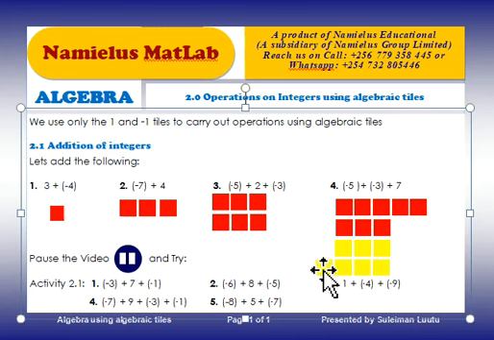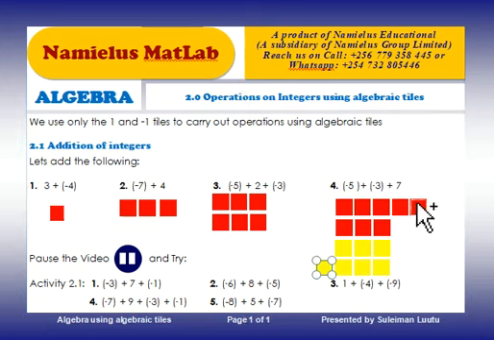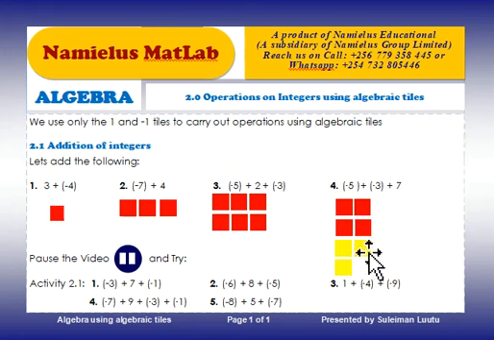So this is one, it can go with this. It cancels. This cancels with that. Cancel out this and this. Cancel out this and this. Cancel out this and this.